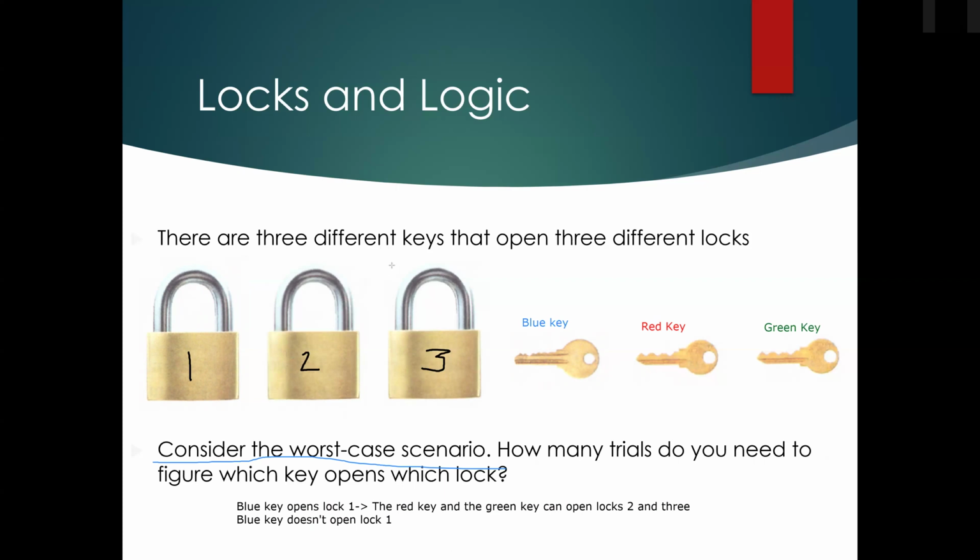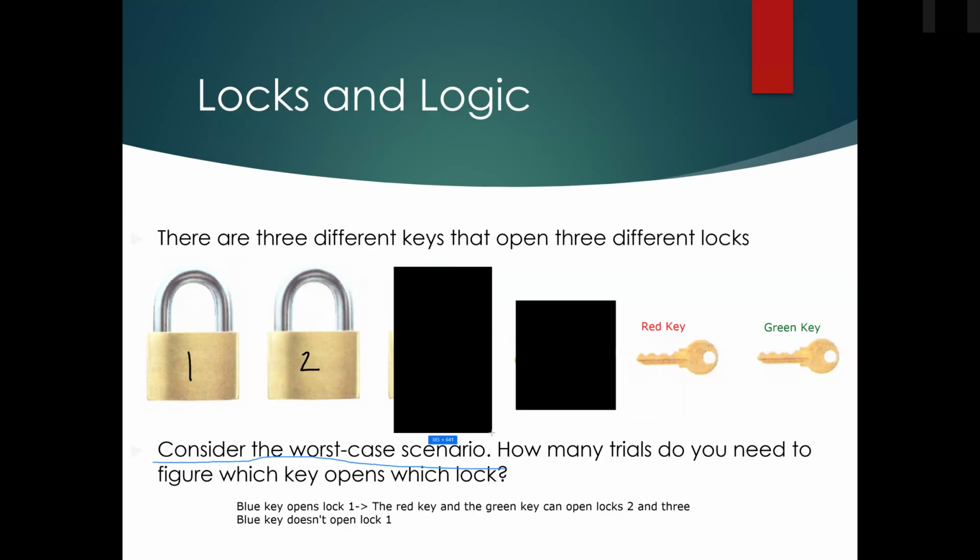We land with the blue key having to open the third lock because it must. So that's 2 trials gone already, right? Because there are 2 locks and 2 keys left, we must do one more trial in order to determine which key can open which lock, which makes for a total of 3 trials.